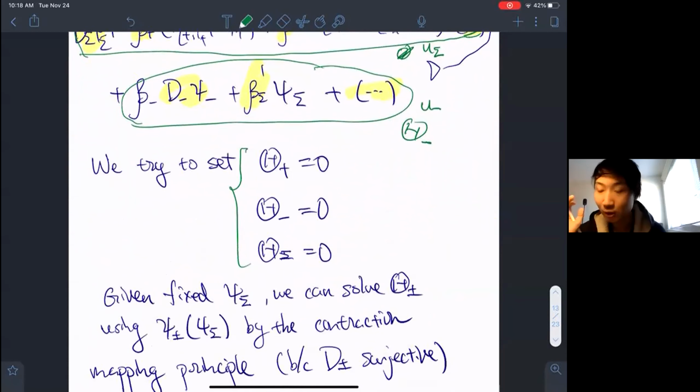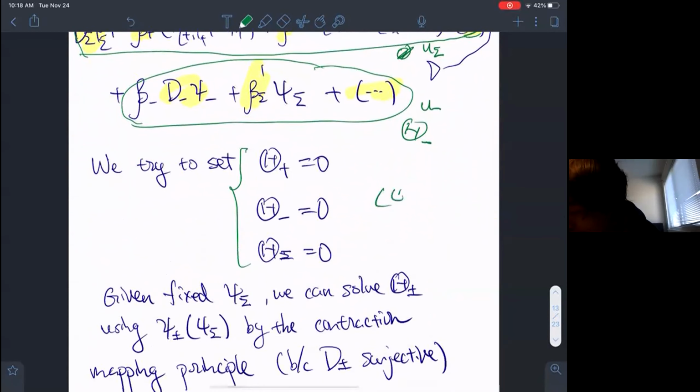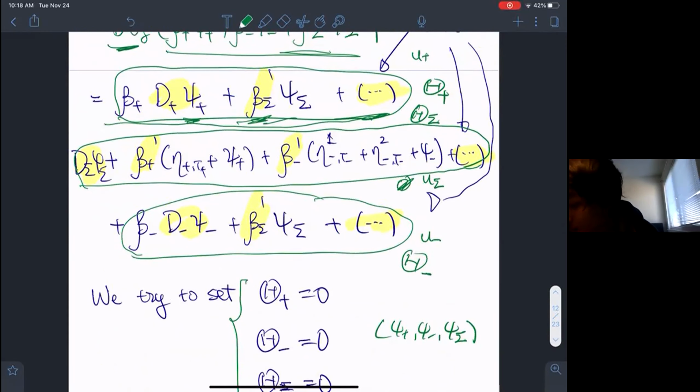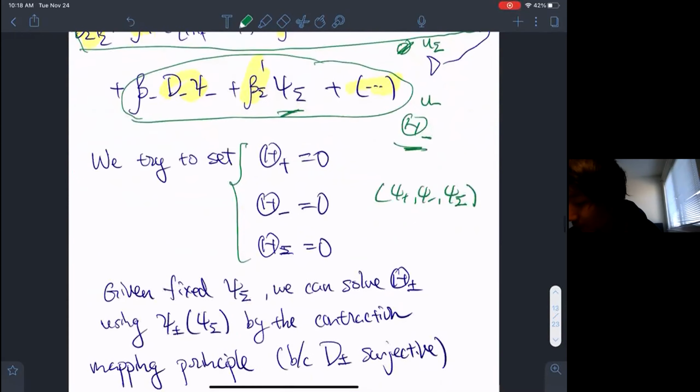Okay. So next, I'm going to think about how to set all three of them equal to 0. We have three variables, psi plus, psi minus, and psi sigma, and these equations are not all independent of one another. If you look here, theta plus depends on psi sigma, and theta minus also depends on psi sigma.